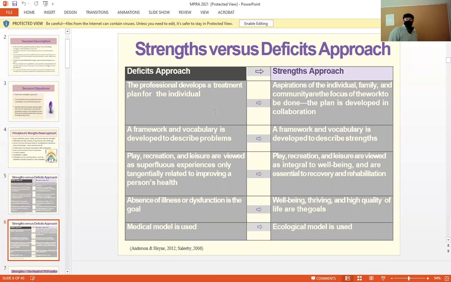All right, there's some more. In the deficits approach, the professional develops a treatment plan for the individual. Using the strengths approach, the aspirations of the individual, their family, and community are the focus of the work, and that plan is developed in collaboration, because all of these people are going to have a support system, people they're going to talk to, or at least I sure hope they do.